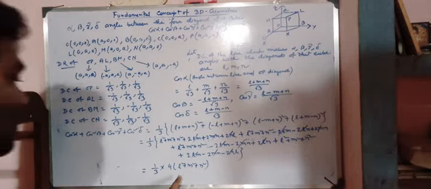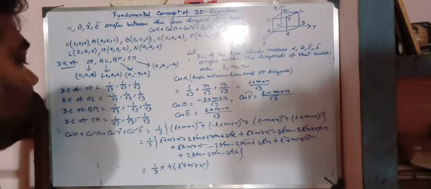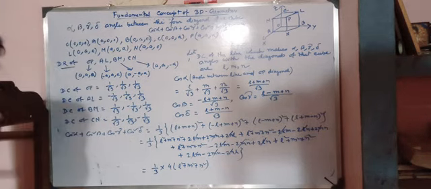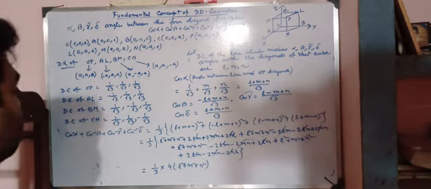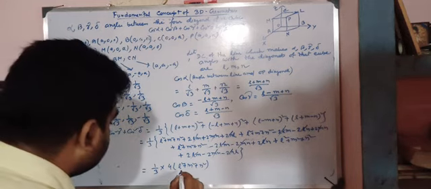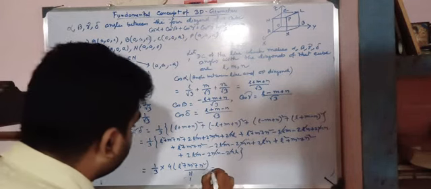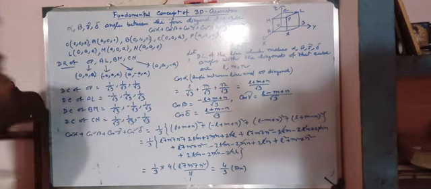Understood? Now L, M, N are the direction cosines, so as we know, L square plus M square plus N square is equal to 1. So from here we get 4 by 3 as our answer.